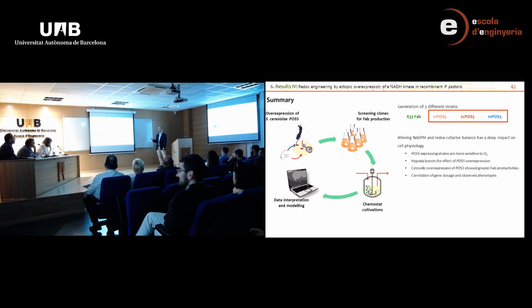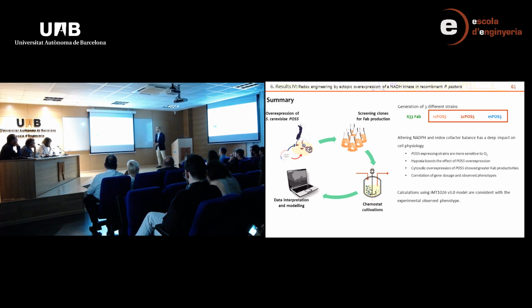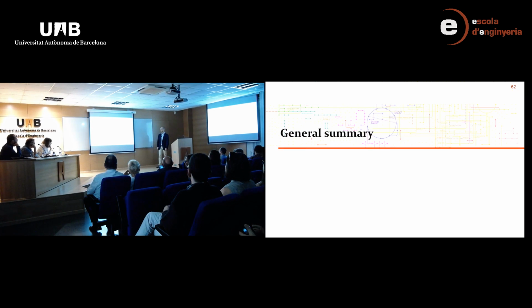We observe that in hypoxic conditions, the effect of POS5 is boosted. In addition, the cytosolic overexpression of POS5 showed greater productivities of fat, and finally, there's a correlation of gene dosage and the observed phenotypes. Finally, our calculations using the model demonstrate coherent results with the experimental data from chemostat cultivations.